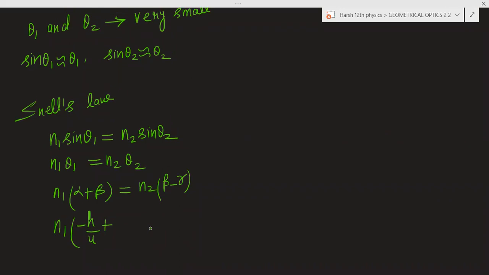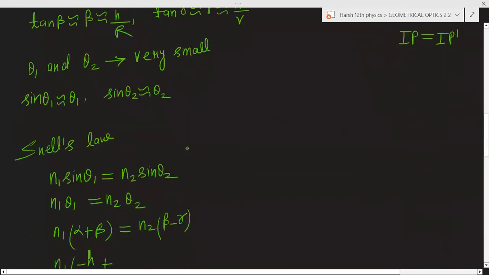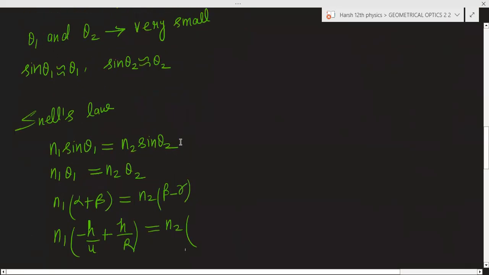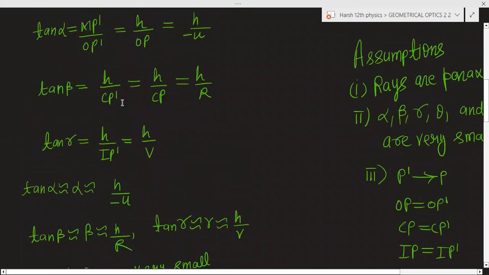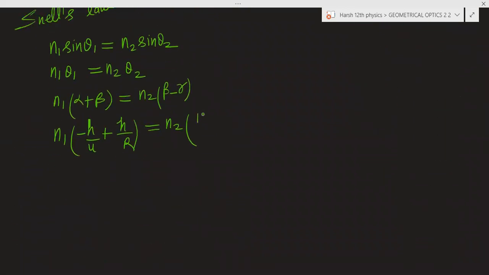Beta is h by r. Is equal to n2 times beta minus gamma. Beta is h by r. H by r minus gamma.